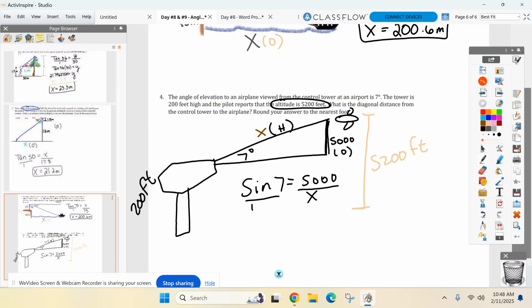When we cross multiply, I'm getting, to the nearest foot, 41,028 feet. Everything was in feet, so no conversions needed. That's the diagonal distance from the control tower to the plane.